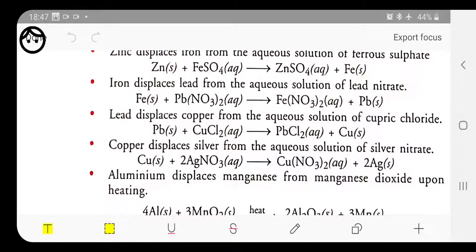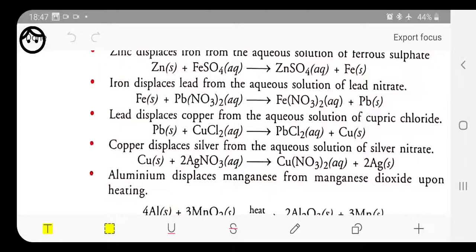Now if you want to reverse this reaction, it cannot take place, because a less reactive element can never displace a more reactive element. Again we have an example where lead displaces copper, because lead is more reactive than copper. So lead has the ability to displace copper, and then formation of lead chloride plus copper takes place. In the next example, copper and silver.